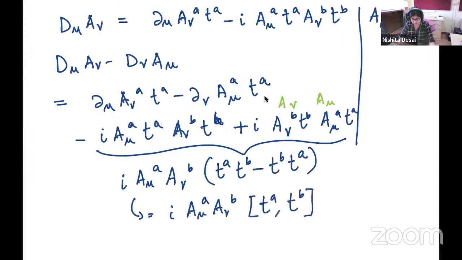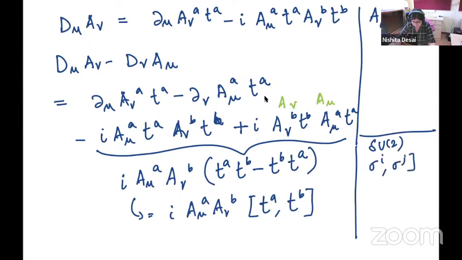You get a commutator, and usually for these groups, if you remember for SU(2), you have sigma i, sigma j equals i epsilon ijk sigma k, right? So you have a relationship between the generators themselves in the form of this commutator.